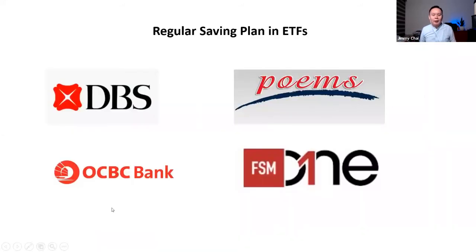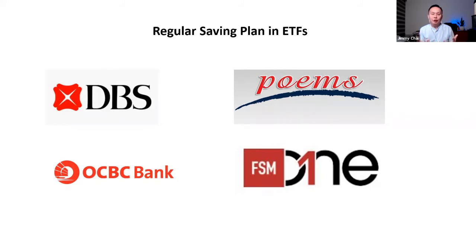So that's my voice. Okay, one of the wealth accumulating systems, like what Emin has just mentioned, is through regular saving. Now, in ETFs, you can actually use what we call the regular saving concept as well. Typically, you can use one of the 4 platforms: DBS, OCBC, POEMS, or FSM1.